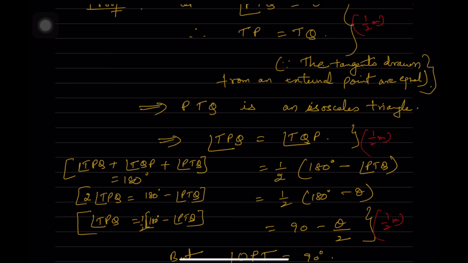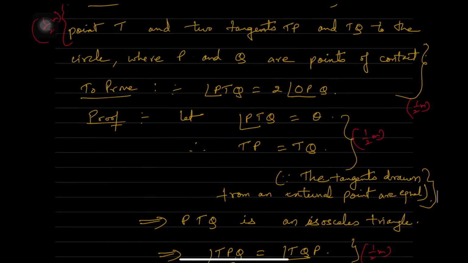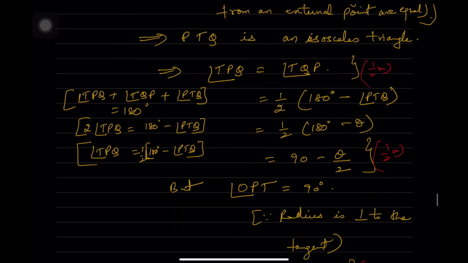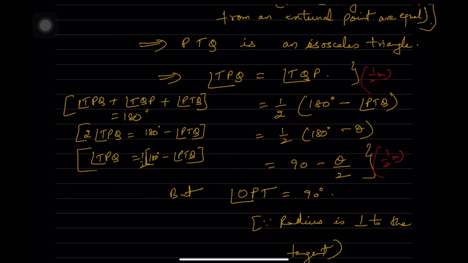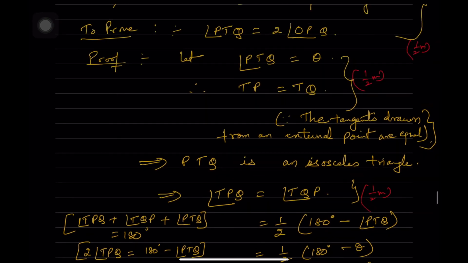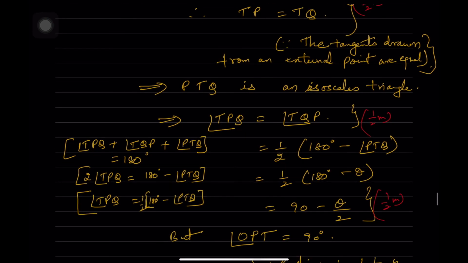Now, because it is an isosceles triangle, the sum of three angles, that is x plus x plus theta, is equal to 180 degrees. That is, I have written this as x, means 2 into angle TPQ is equal to 180 minus angle PTQ, and we know that angle PTQ we have written here as theta. So therefore angle TPQ is half into 180 minus theta, which is equal to 90 minus theta by 2.